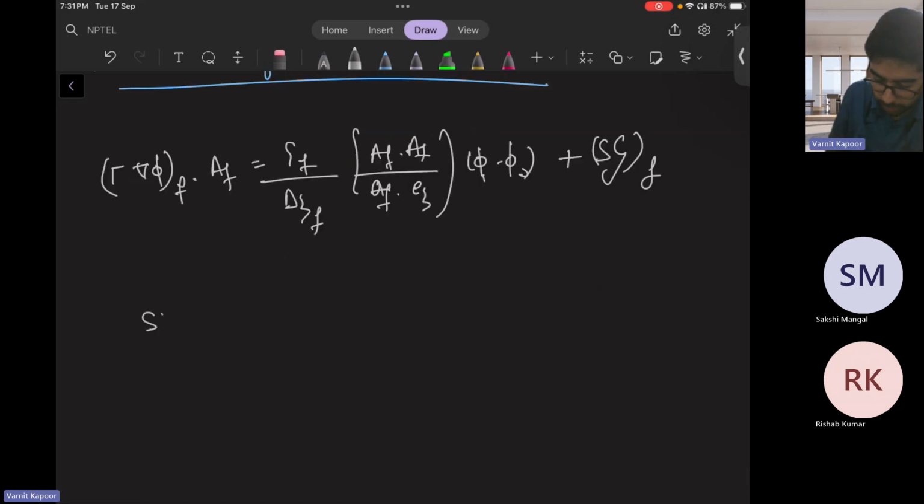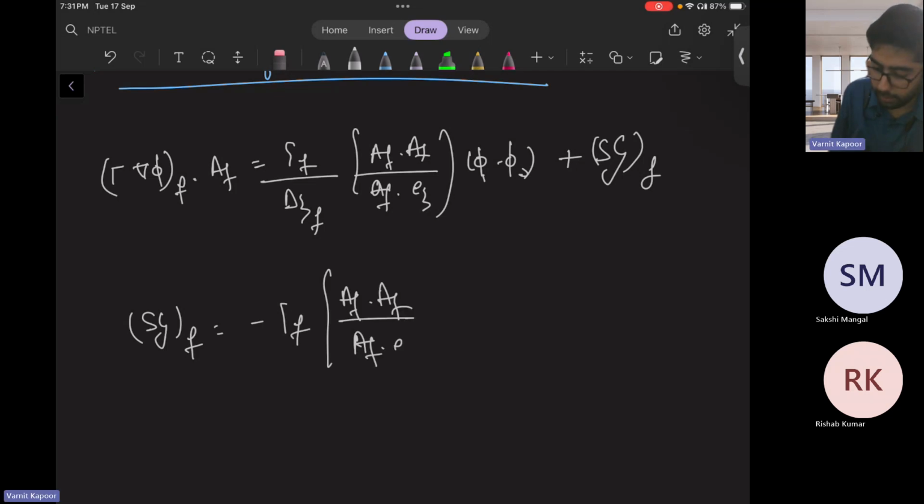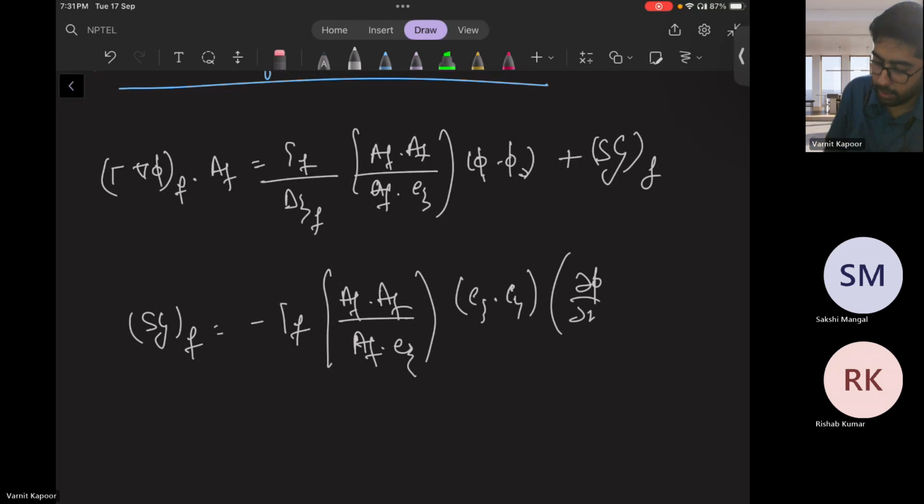Your secondary gradient was nothing but minus AF dot AF dot E zeta into E zeta dot E eta. We have already written that. Del phi del eta of that phase.